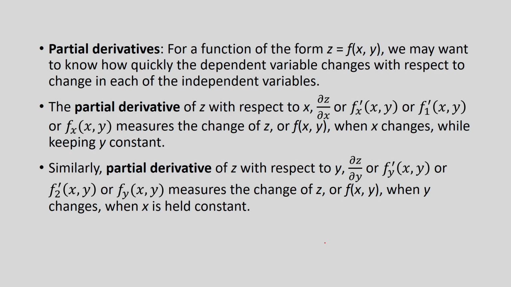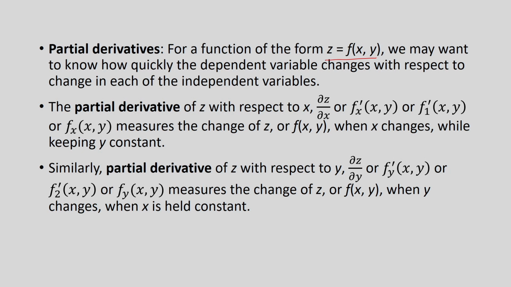Now, we come to the actual discussion of partial derivatives. So far, we were just gathering the building blocks of partial derivatives. Partial derivatives for a function of the form z is equal to f of x y. So, you have just 2 independent variables.